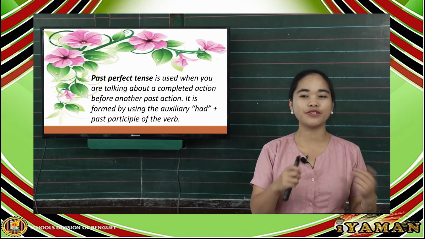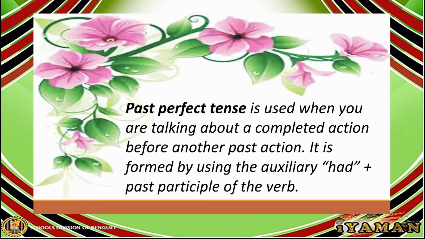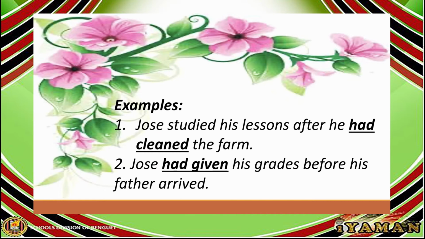Now let's move to the past perfect tense. So when we say past perfect tense, it is formed by using the auxiliary had plus the past participle of the verb. To give you an example, let's study the following sentences. First, Jose studied his lesson after he had cleaned the farm.